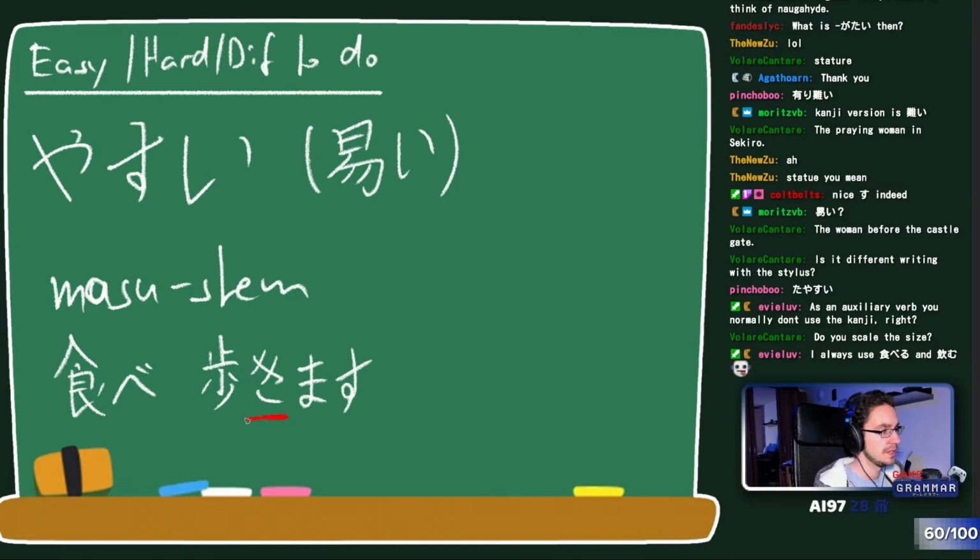Arukimasu, note the ku changing to ki, that is the mas conjugation. Remove the mas, and you have the mas stem. That's it. This is true for every verb. The mas stem is always the mas form without mas. That's why it's called the mas stem, because it's where you add mas.